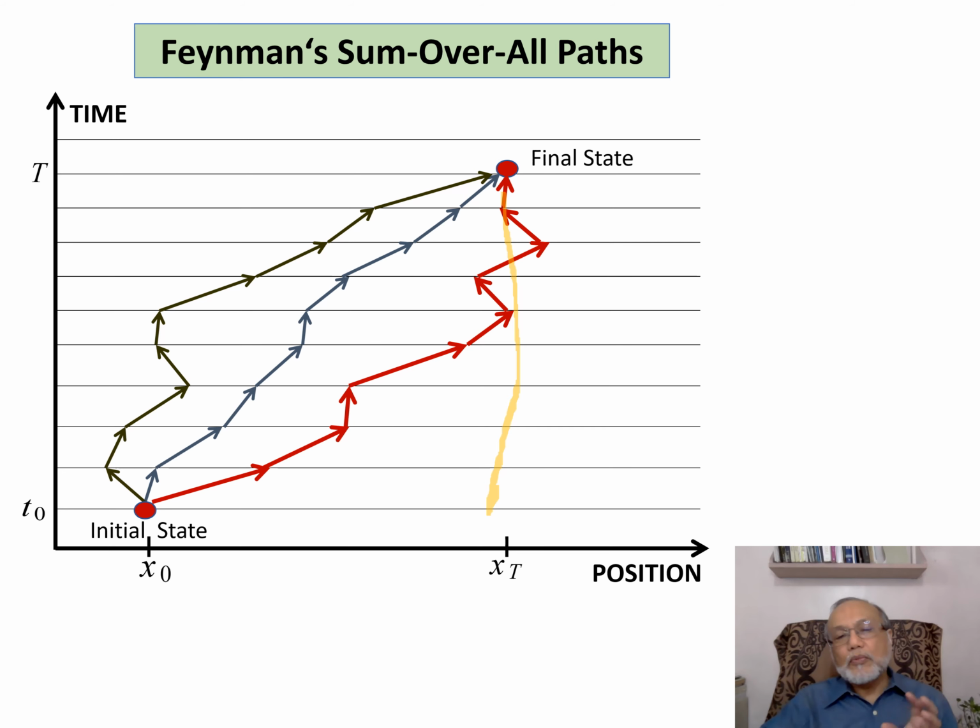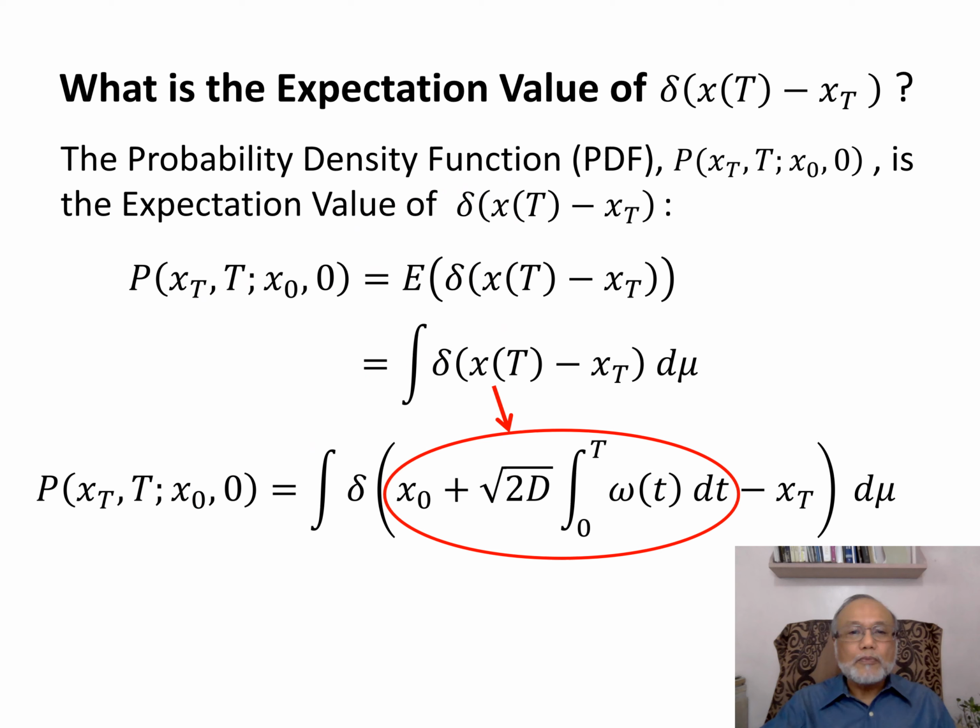We would like to calculate in closed form the probability density function for this type of process, and we can do that by adding all the paths which survive, which start at x naught and end at x sub T, which are non-zero contributions to the delta function. So what is the expectation value of this delta function?